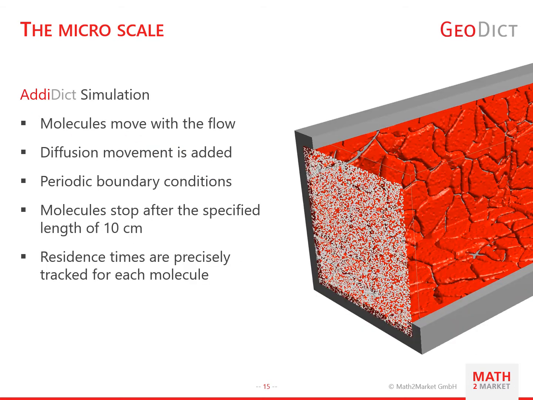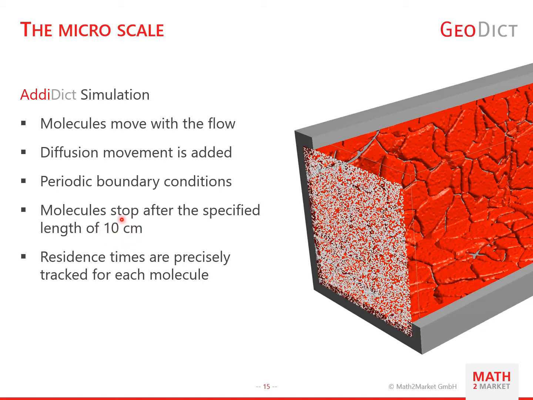So let's have a look at the simulation. We will simply take our molecules and move them with the flow, and we will add diffusive movement to them. If the particle reaches the end of our model here, it will be re-added at the front so that it periodically moves through our model until it reaches the desired travel length of 10 centimeters.